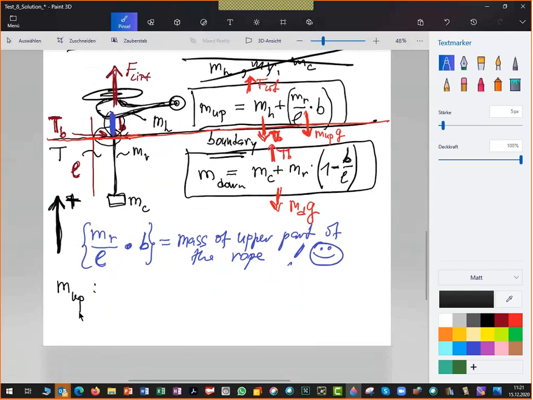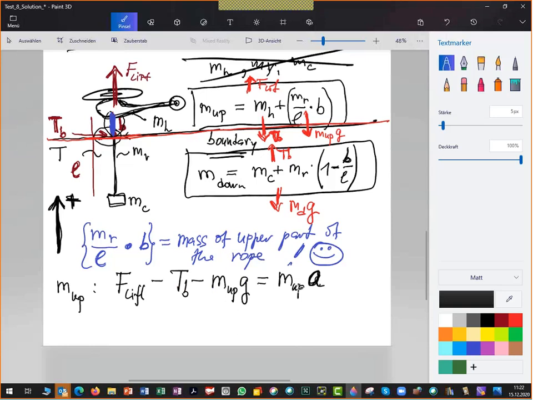So lifting force, F lift, minus tangent at point B, minus the gravity force, M up G, results in some acceleration, M up A. By the way, I have no idea if this acceleration is upwards or downwards because I'm not given the lifting force.